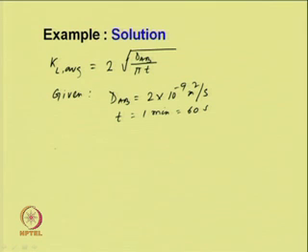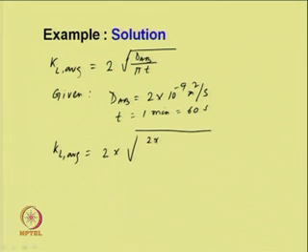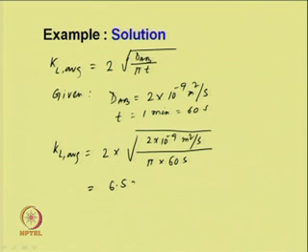So, we can calculate k_L average will be 2 into root over 2 into 10 to the power minus 9 meter square per second divided by pi into 60 second. So, this will be equal to 6.52 into 10 to the power minus 6 meter per second.